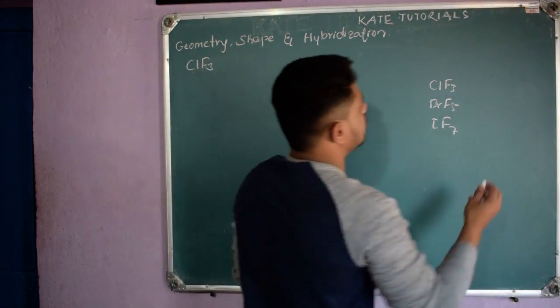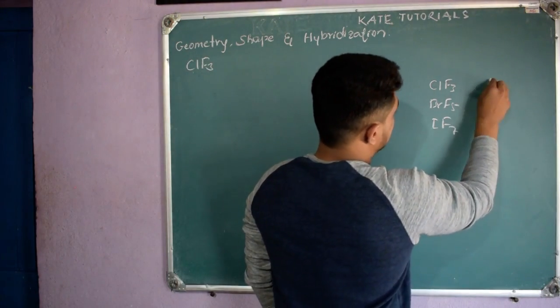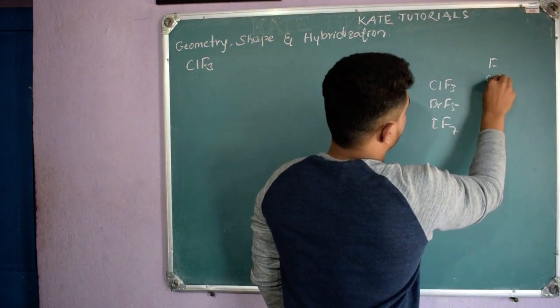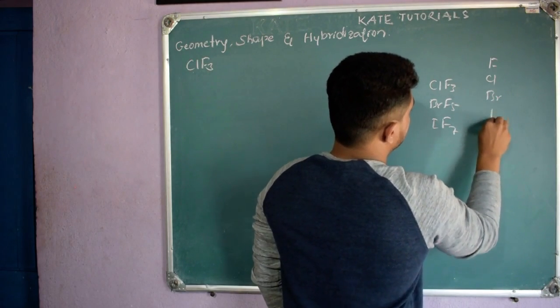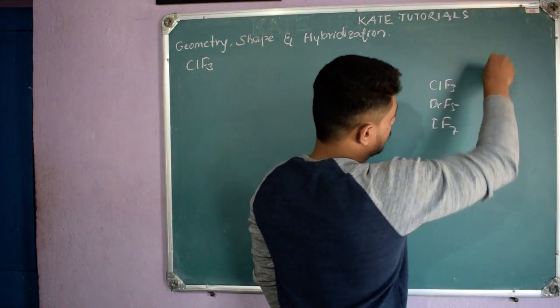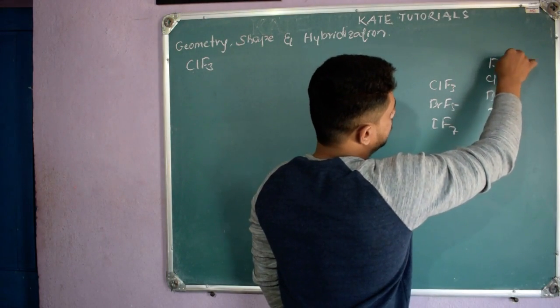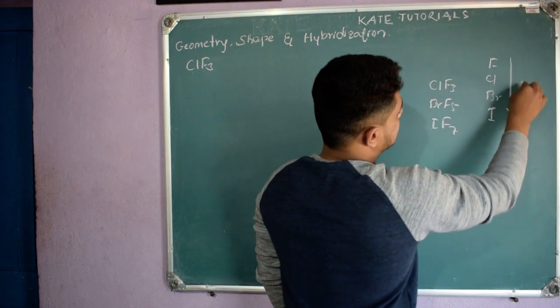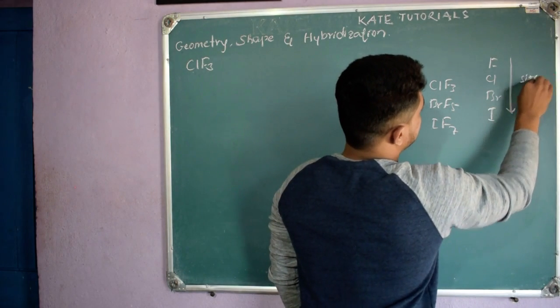So the reason for that is, see, these are halogens: fluorine, chlorine, bromine, iodine. This is the group, and we know that within the group, as we go from up to down, the size increases.